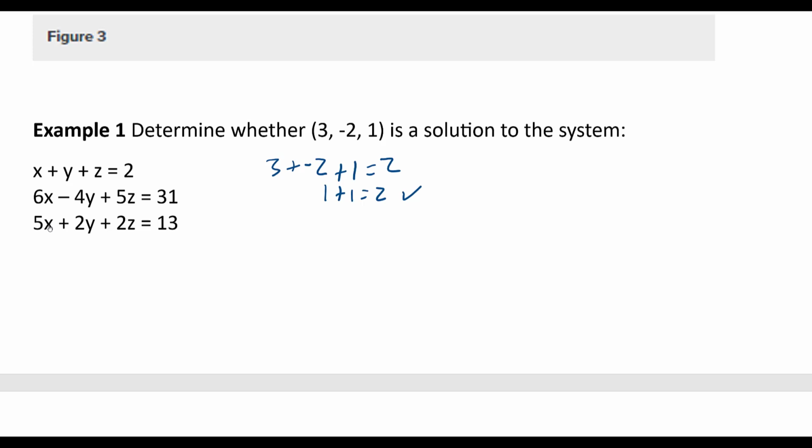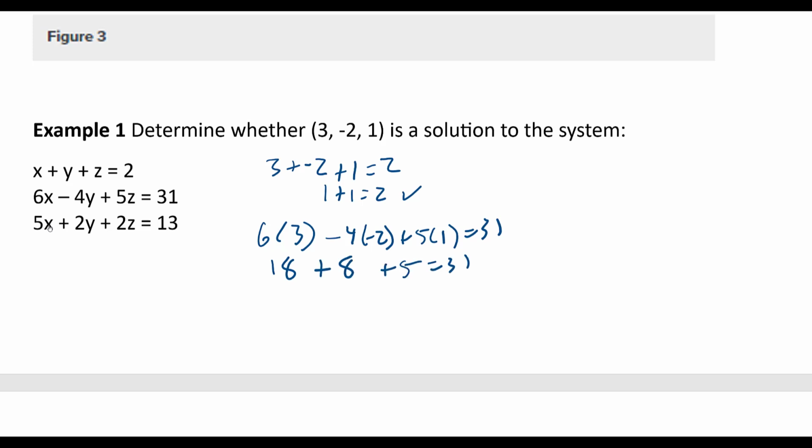Yes, it is. 6 times 3 minus 4 times -2 plus 5 times 1. Is that going to be 31? So 18 plus 8 plus 5. Is that 31? I get 26 plus 5. And yes, that is 31. So that works as well.